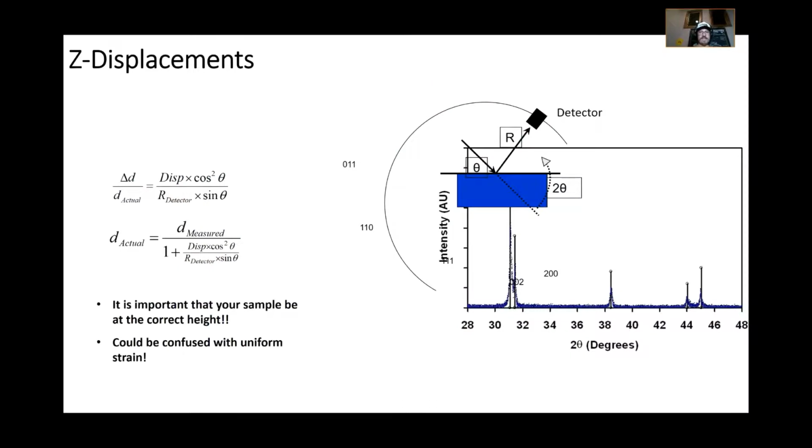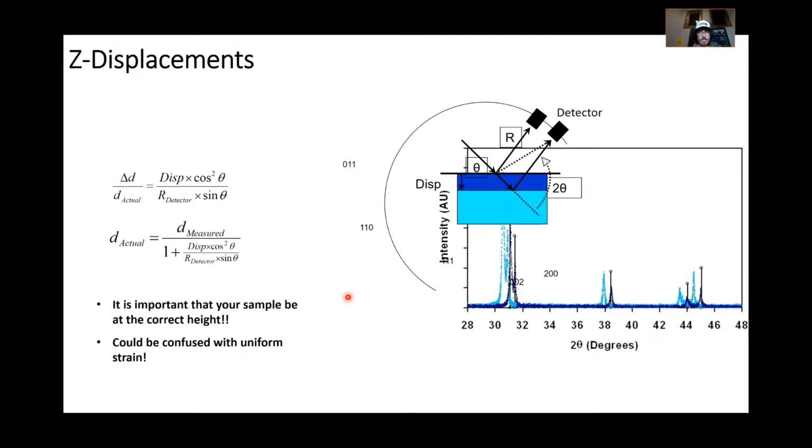All right, so Z displacement is very important. I borrowed this slide from someone else, but it's a pretty well done slide. The point of the matter is, if your Z displacement is low, your peak's going to shift to the left. So it's very important that you get your sample height correct, because other shifts to the left are uniform strain.